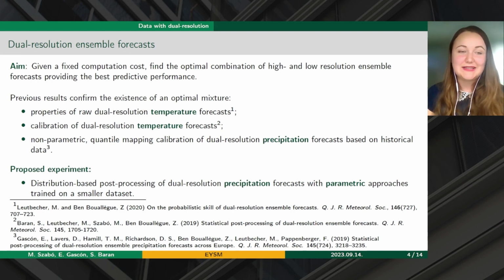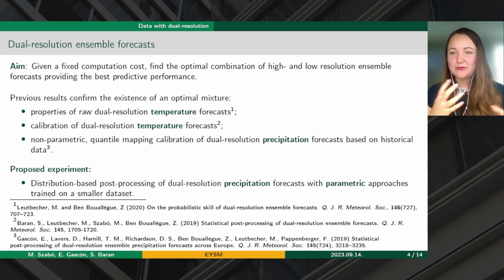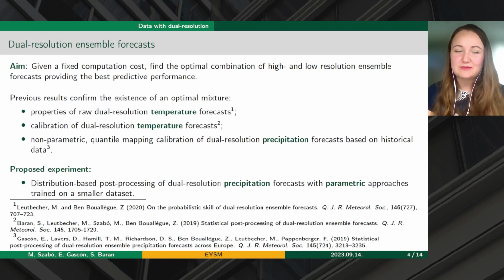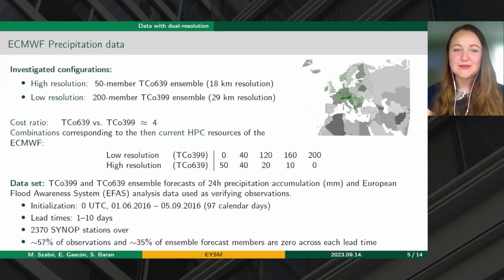She, or they as a group, did a non-parametric quantile mapping approach in terms of calibrating the precipitation forecasts. Our proposed experiment was to do almost the same thing, but we wanted to compare the different calibration methods. So our methodology includes parametric approaches. And so that's what I will be talking to you more about.